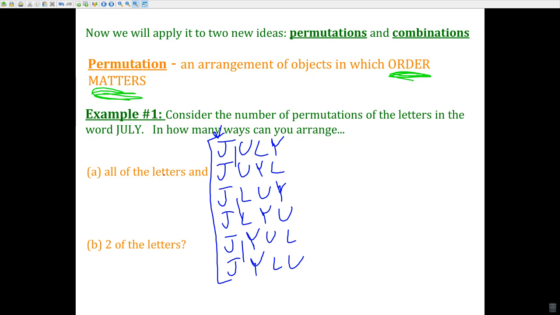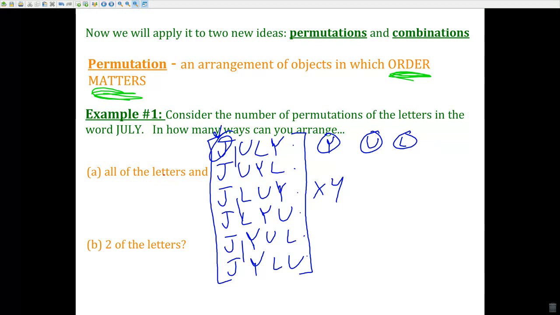Well, now you can do the same set of stuff with Y at the start, U at the start, right? L at the start. So there's 1, 2, 3, 4, 5, 6 times 4 different letters, right? 1, 2, 3, 4. So you just have 24. Nice. Oh my gosh, that's a lot of counting.